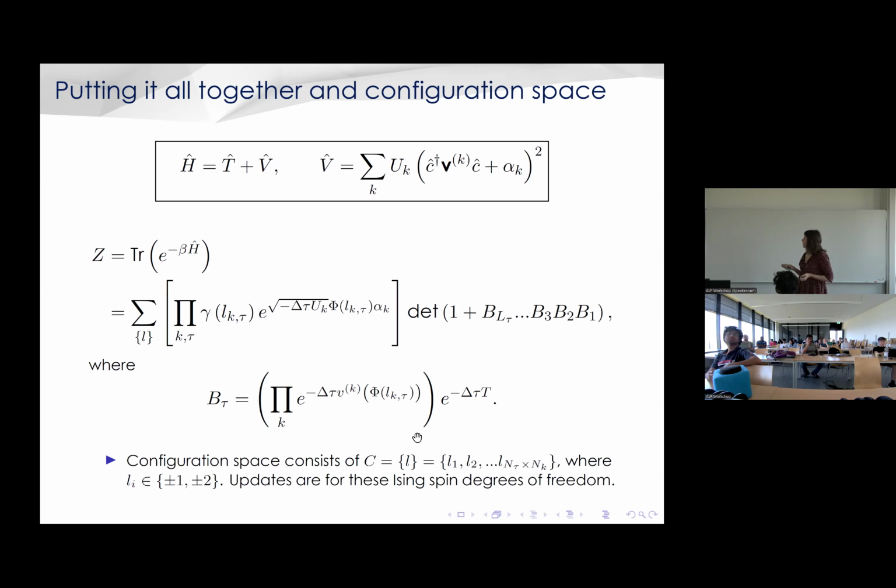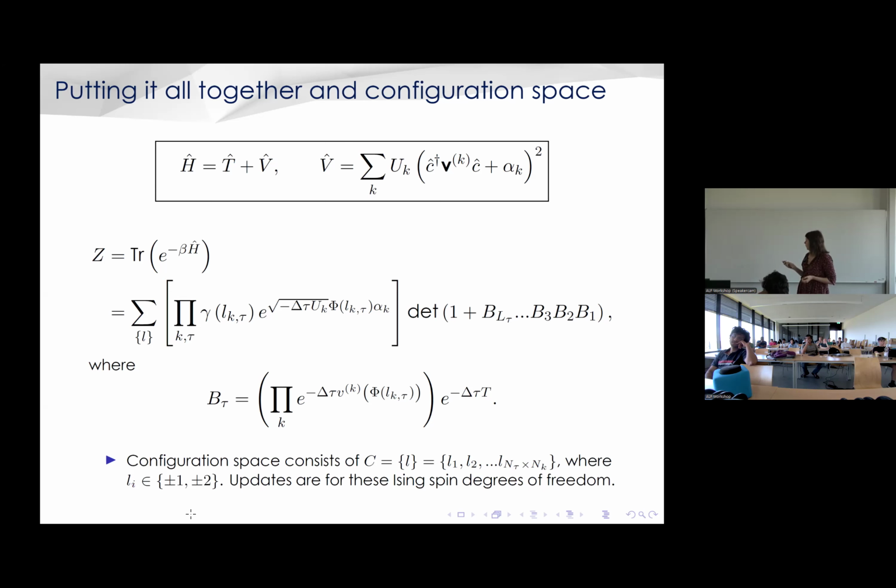And so the configuration space is basically the set of all the L's that one has, and there's going to be number of times number of vertices, basically, where each one of these L's can be plus or minus 1 or 2.